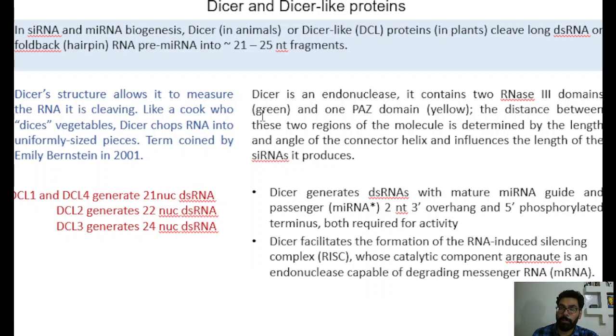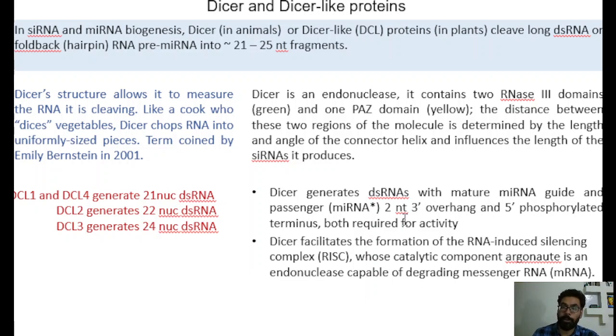The important thing about dicer chopping is that after the chopping of double-stranded RNA, the mature miRNA will be present with a 2 nucleotide overhang at the 3' end.